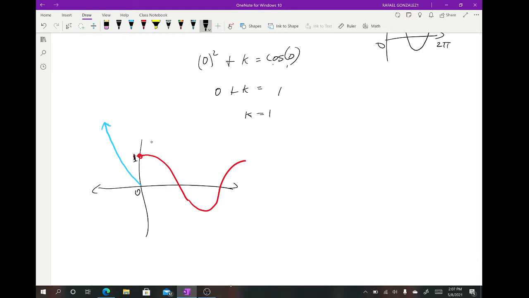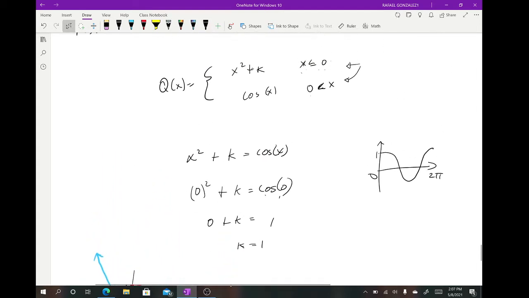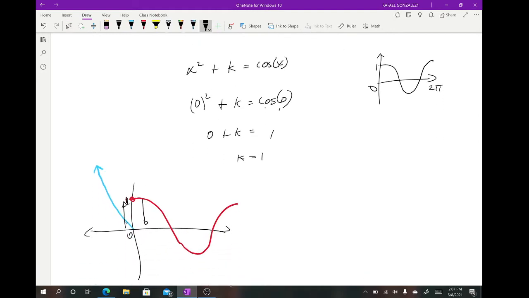If I want this function to be continuous, then two things need to happen. Either the cosine function comes down or the x squared function comes up. Well, the k value that we are concerned about is with the x squared. So that means that we have to bring the x squared function up with a vertical shift.